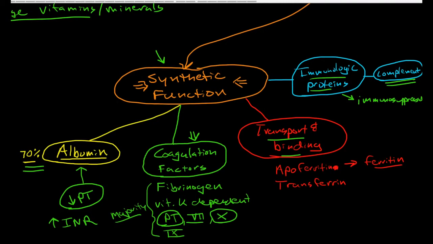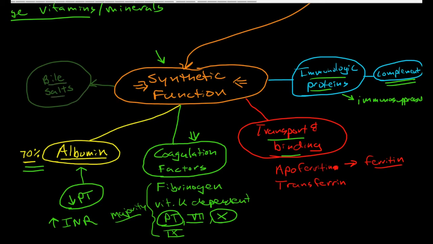Okay, so what else does the liver synthesize? Well, one other factor that it synthesizes is bile salts. And when I talk about bile salts, that's separate from the conjugation of bilirubin, which is really not part of the synthetic function, but the creation of bile salts is.